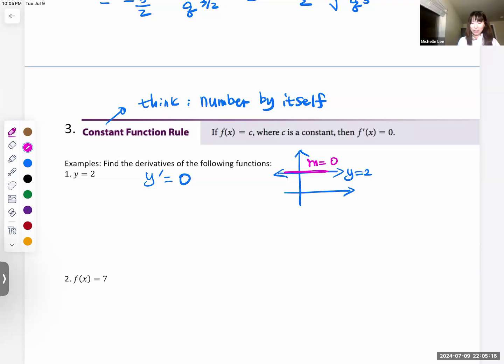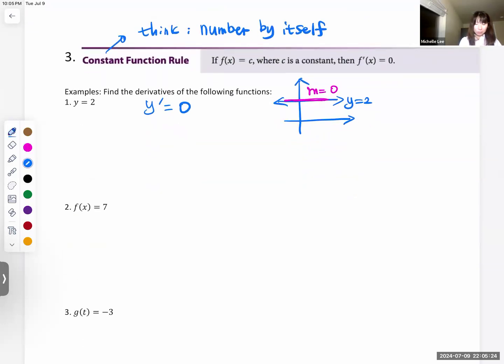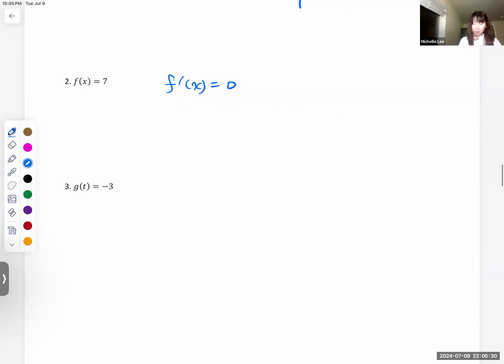So that's why we get y prime equal to 0, the derivative of the function. So for a constant term, f prime of x equals 0, and the derivative of a constant function is 0. Nice, right? Think about the slope.